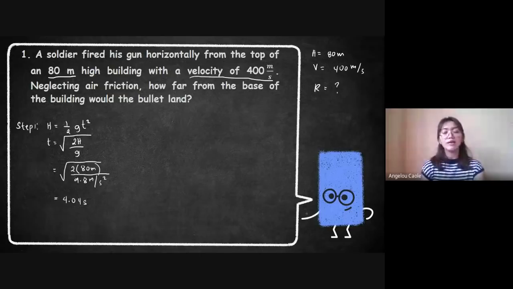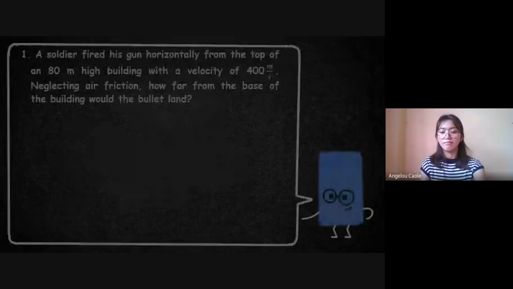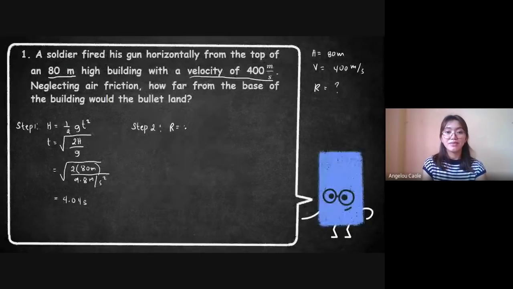Now that we already have time, we can now calculate for the value of the displacement. So it's R is equal to Vix times time. Okay, so Vix is 400 meters per second times the computed time. It's 4.04 seconds.